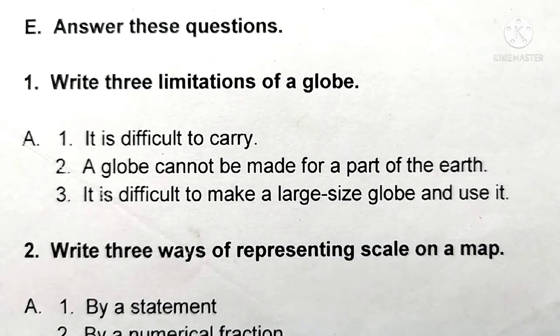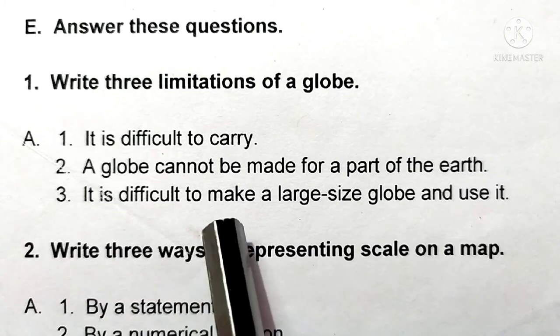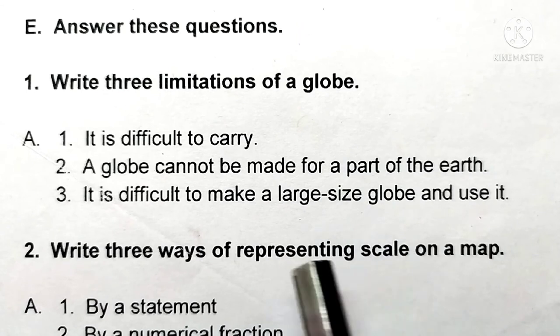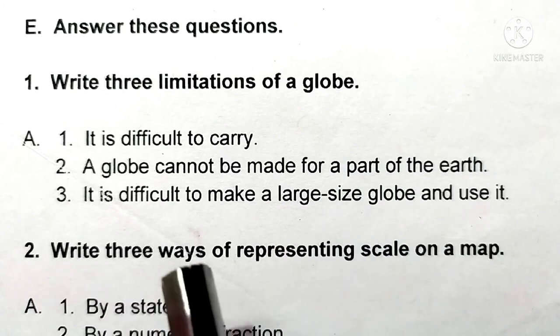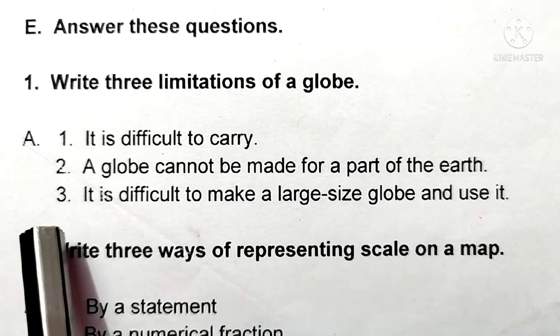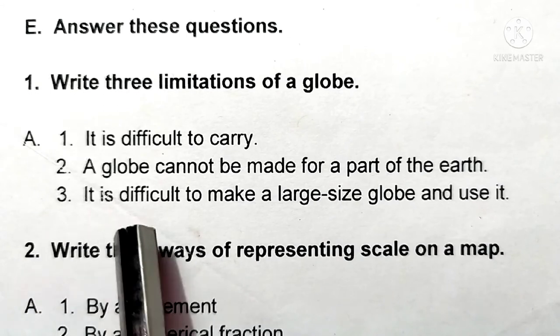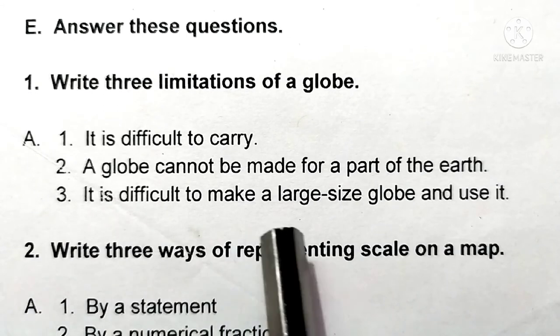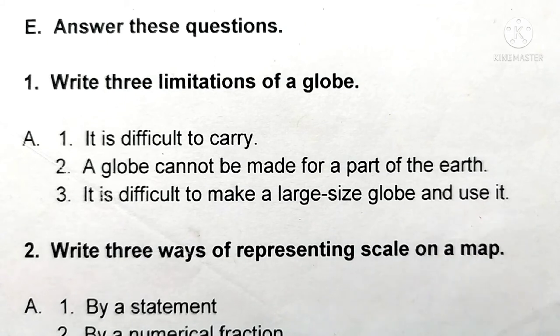For example, if we would like to study only a portion, only a particular part of the earth, for that particular part, a globe cannot be made. Third point, it is difficult to make a large size globe and use it.